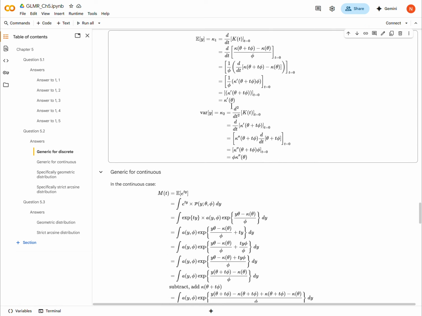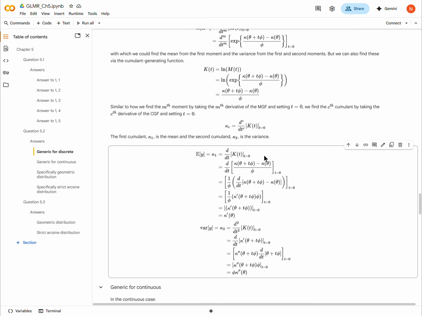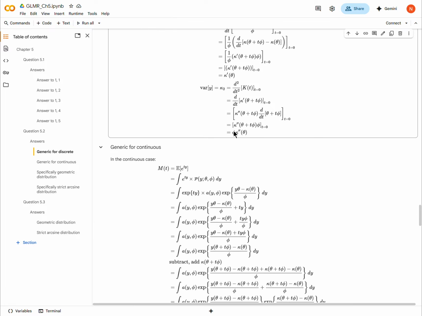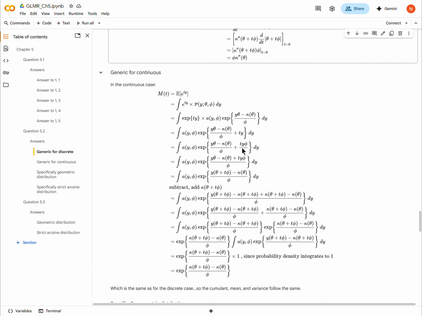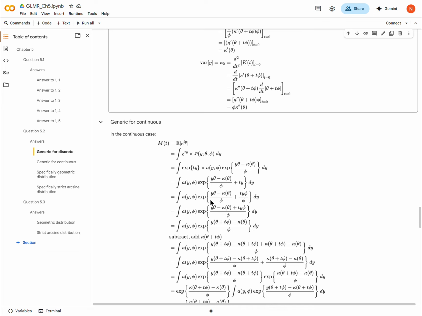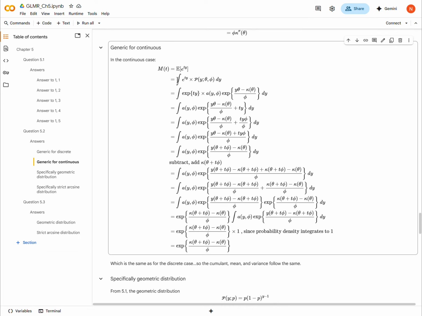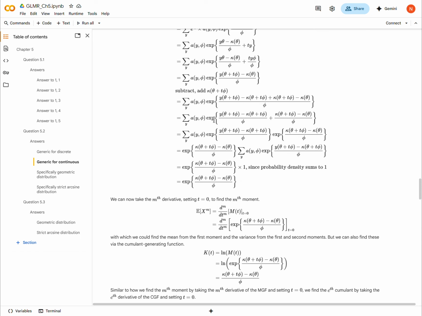All right, so we just did that for the discrete case. The continuous case I'm not going to go through in as much detail, not that there's much detail being provided other than you reading the math here. But now we're just using integrals instead of summation signs.